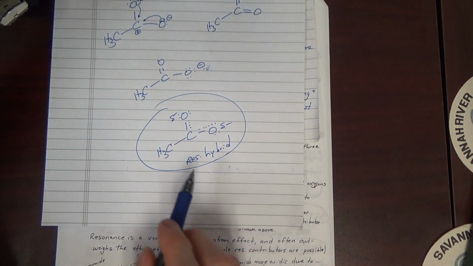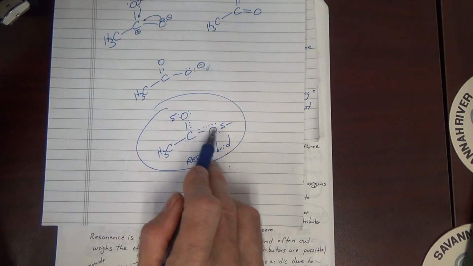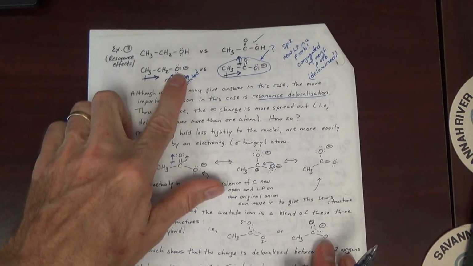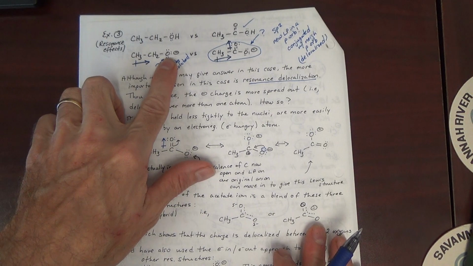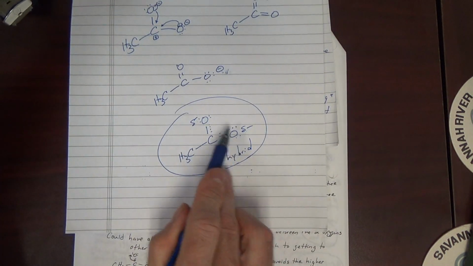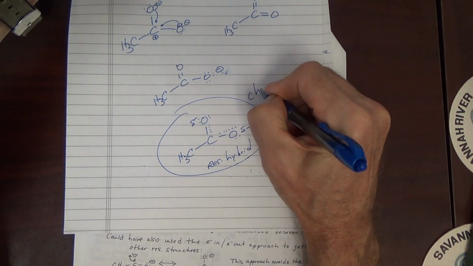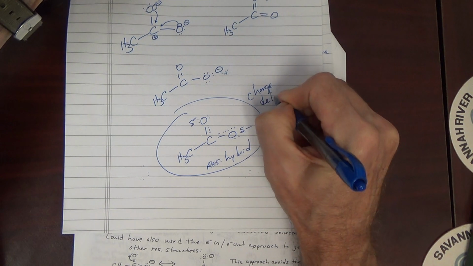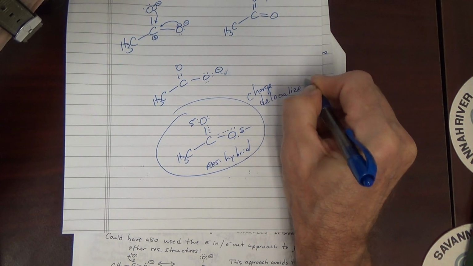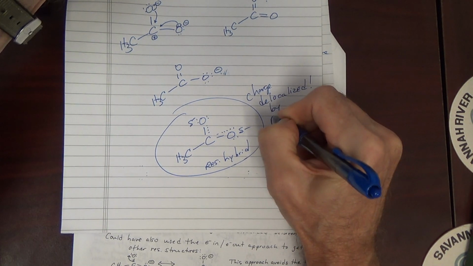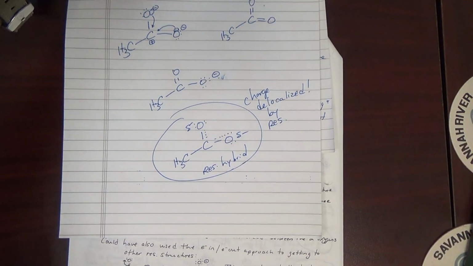Which is more stable? Partial minus on each oxygen or a full minus on one oxygen? And the answer is partial on two different oxygens is better. And we say the charge is delocalized by resonance.